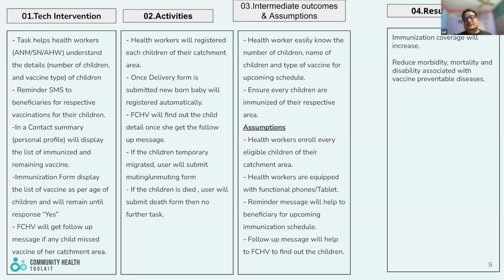The follow-up message will help to find the children. We mention in the message the details of the child, the phone number of the parents, and the name of the child. So the final result will be that immunization coverage will definitely increase, and morbidity, mortality, and disability associated with vaccine preventable diseases will be reduced.